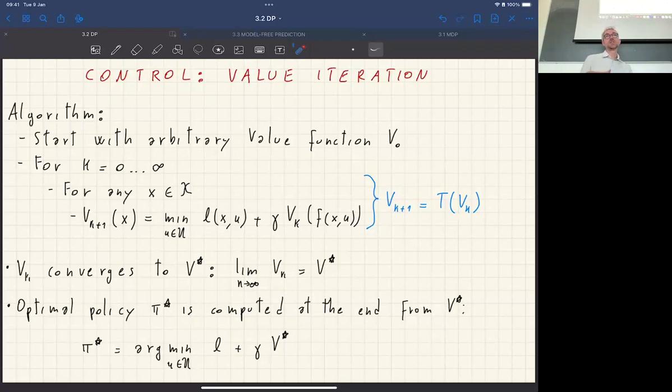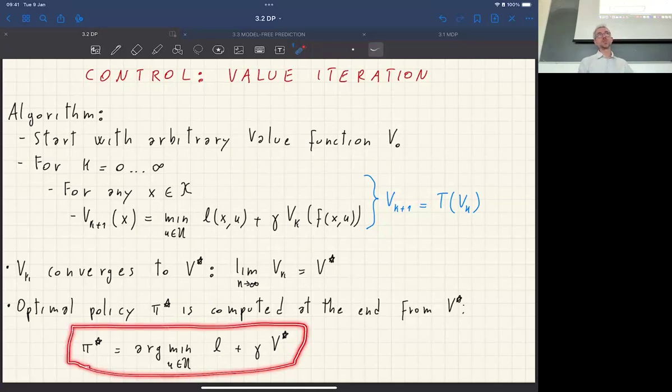And then once you have the optimal value function, which you maybe don't care too much about, you can obtain the optimal policy, which is, of course, what you really care about, by simply performing one extra minimization, which is this one.